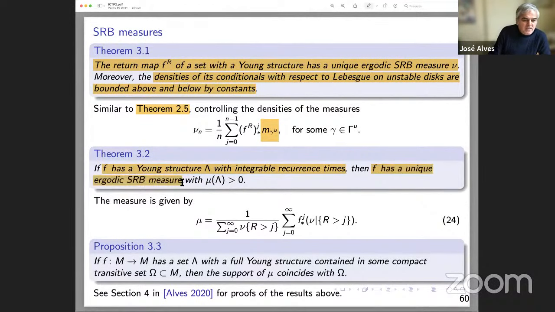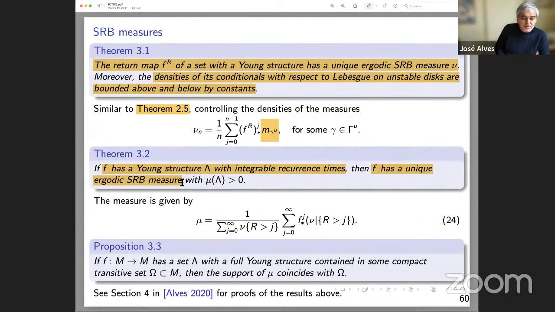Of course, again, we cannot stop here: the part I highlighted is the unique one that intersects that Young structure. Of course, the system can have other regions which do not interact with it, and so there is the possibility of having other ergodic SRB measures.